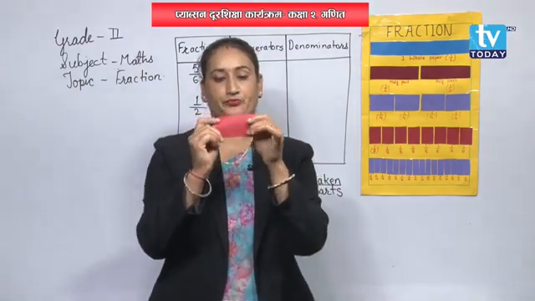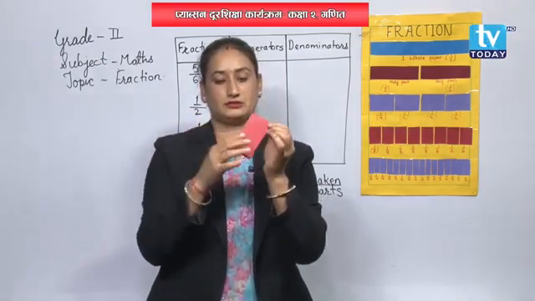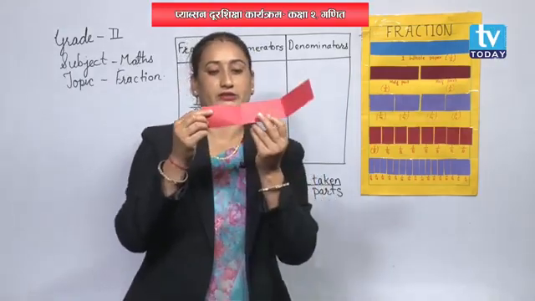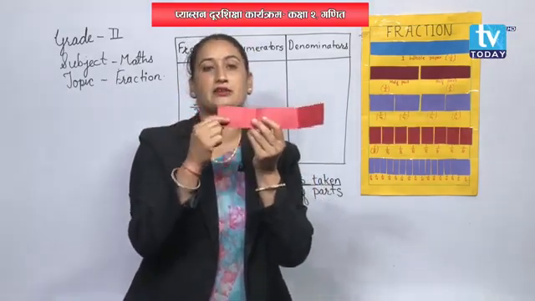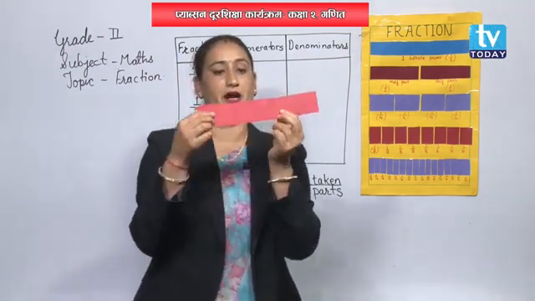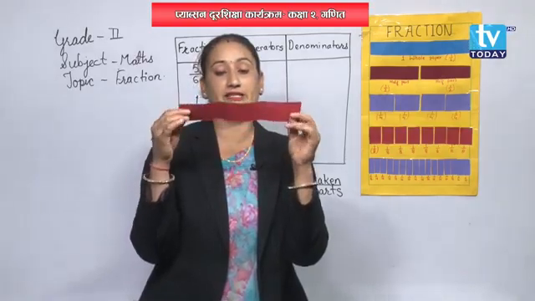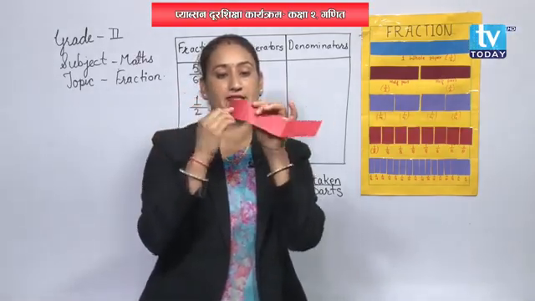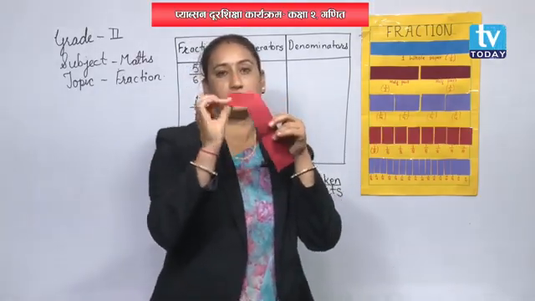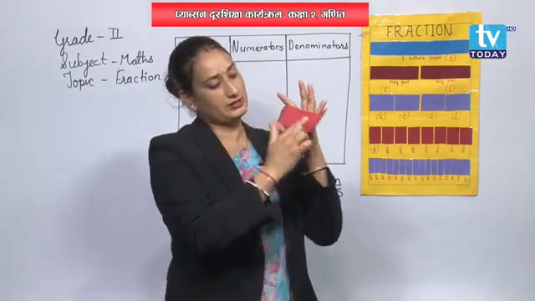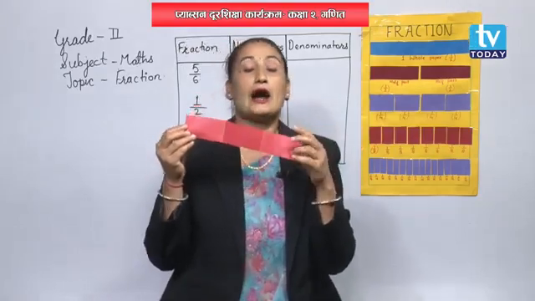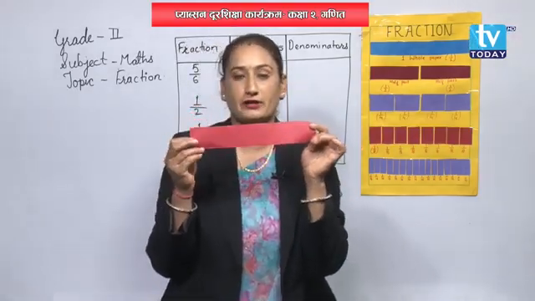Now see here students, this much is one part, this is another part and this is another part. So, I have divided this single paper into 3 parts, and this is the line which divides the whole paper into 3 parts. Have you noticed?